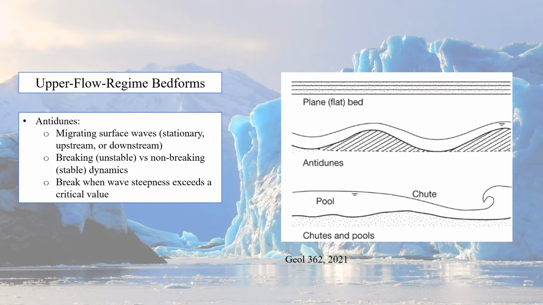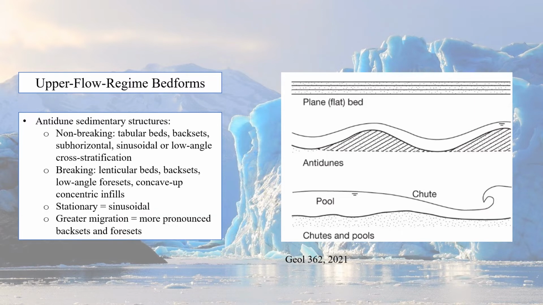Antidunes are characterized by the migration of surface waves as either stationary, upstream, or downstream. They are also characterized by stability, which would be breaking or non-breaking. They tend to break when wave steepness exceeds a critical value, causing the destruction and reconstruction of the dune form. For non-breaking antidunes, you can expect to see tabular beds and backsets, as well as subhorizontal, sinusoidal, or low-angle cross-stratification.